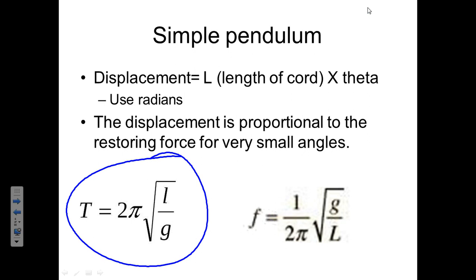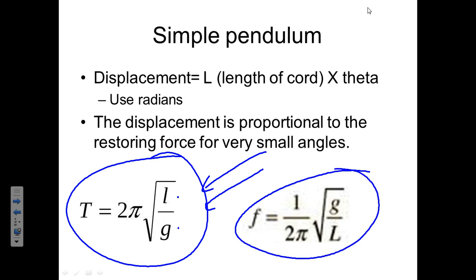The only two things that matter for finding the period of a pendulum are the length of the string and the gravitational field, wherever you're at. And there's no need to memorize the frequency formula, because the only thing you have to do to get it is take the inverse. So the equation for frequency is just 1 over 2 pi times the square root of L over g.